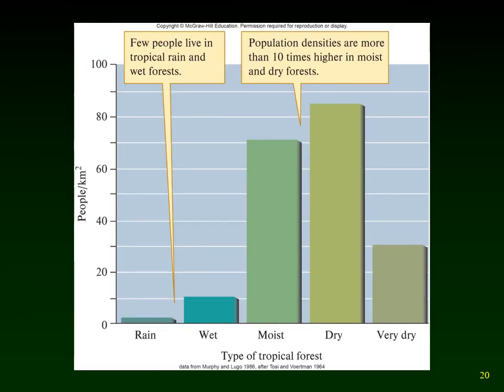When we look at the different types of tropical forests, we can see the human population density varies quite a bit. So the tropical dry forests are definitely where we have many more people, and because of that, they have been cleared and settled, and this loss of dry forest is significant.